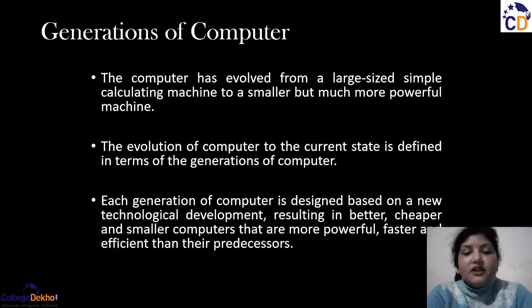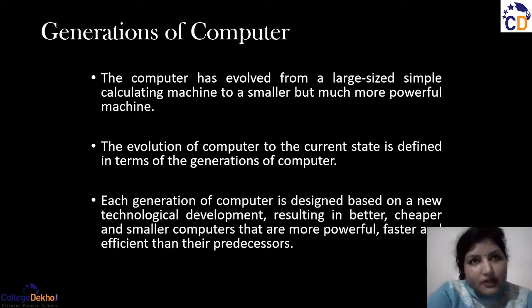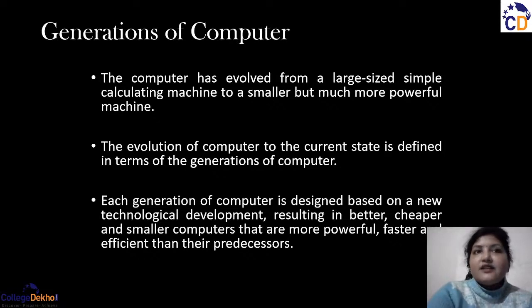Then nowadays we are using AI. This is technological development. The same is with the computer also, resulting in better machines. Earlier these machines were very costly. Now they are expensive, but they are reasonable also, and faster also.